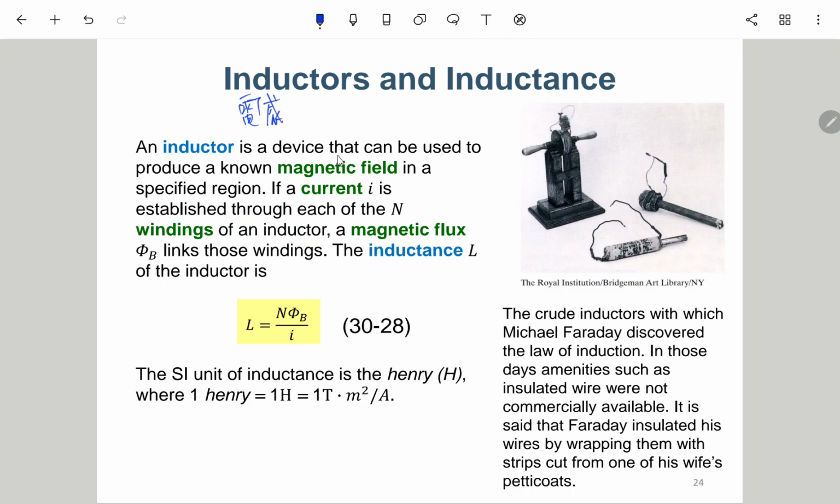Okay, so here is the definition. An inductor is a device that can be used to produce a known B field in a specific region.